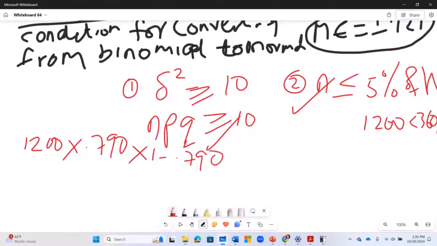Then we get our calculator and see, is this quantity greater than or equal to 10? Let's check it out.